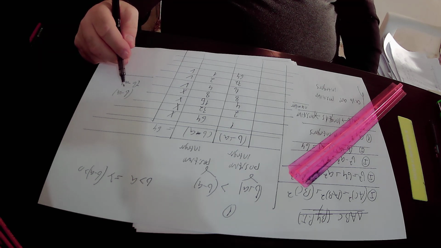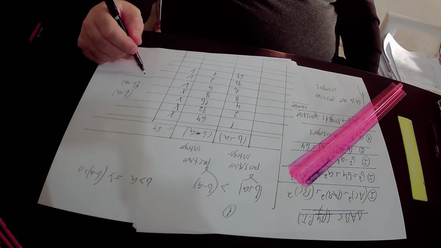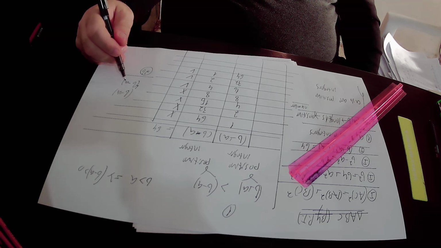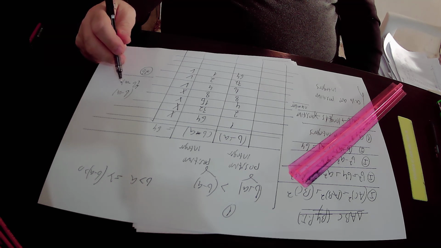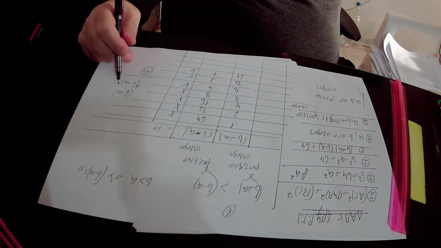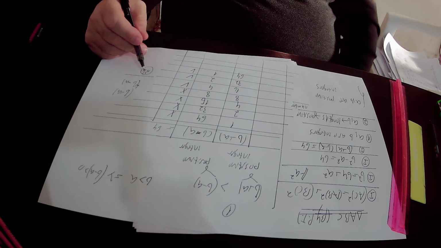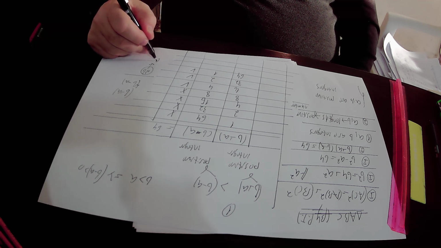So b plus a plus b minus a is b plus b, which is 2b, and a plus minus a is a minus a, that is 0. So in conclusion, if we add the two numbers together, the result must be 2b, that is an even number. b is a positive integer, therefore 2b must be an even number.